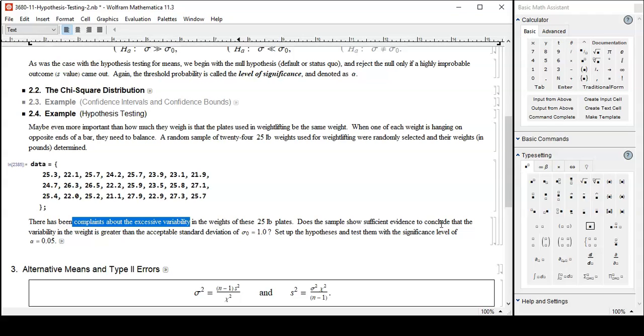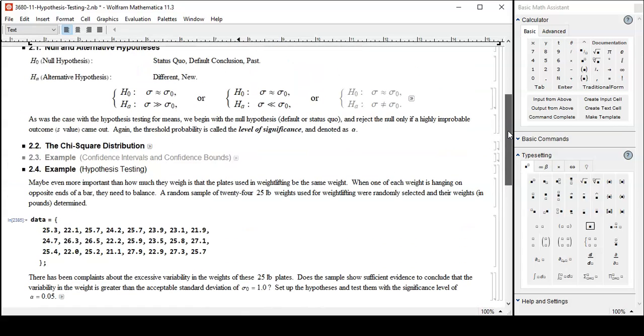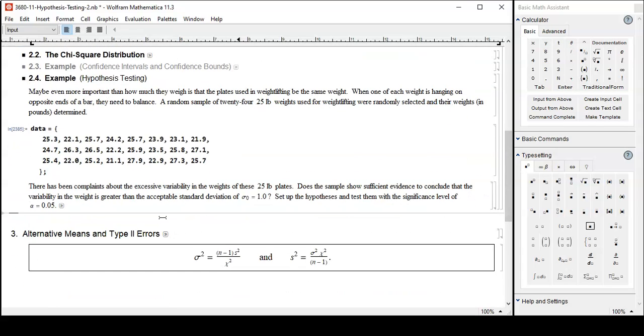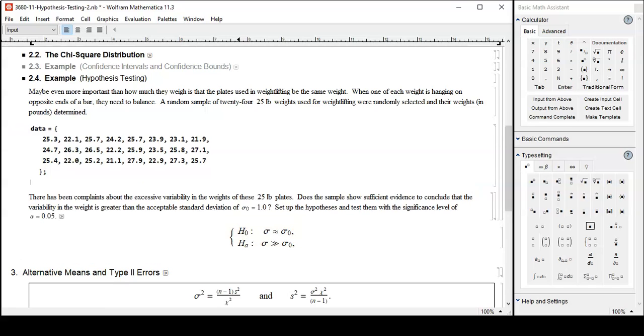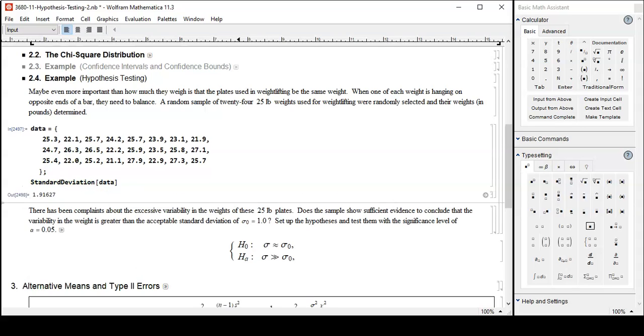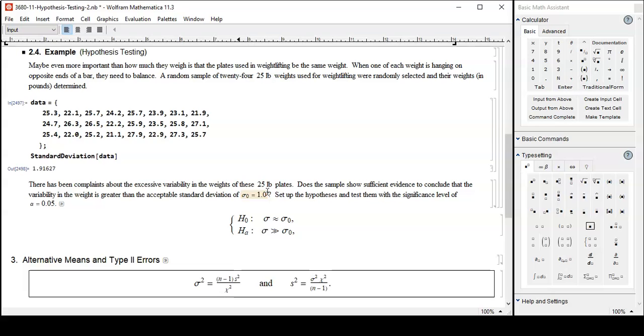And read the problem: the variability is greater than the acceptable standard deviation. So just by reading, it should be that. Another indicator is coming from the data set. The standard deviation of this data is 1.916 something, certainly greater than 1.0. So it should be this. And of course, the sigma 0 value is 1.0 pound.